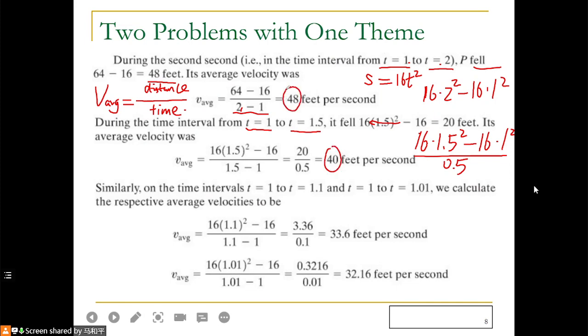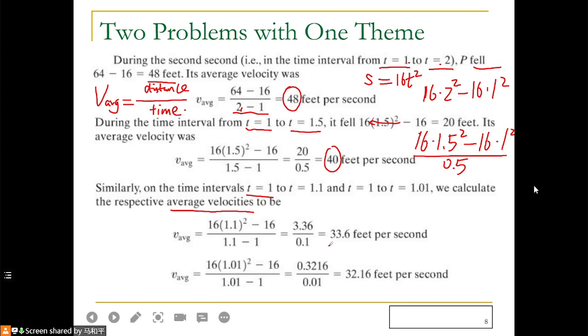And this is another situation where we calculate the time intervals from 1 to 1.1, or from 1 to 1.01. And we calculate the respective average velocities to be 66.6 and 62.16.